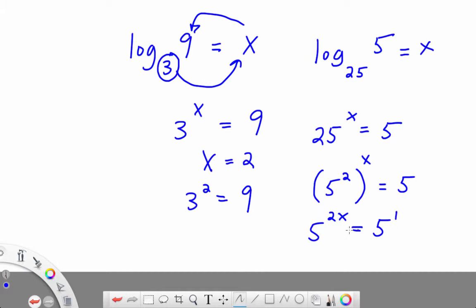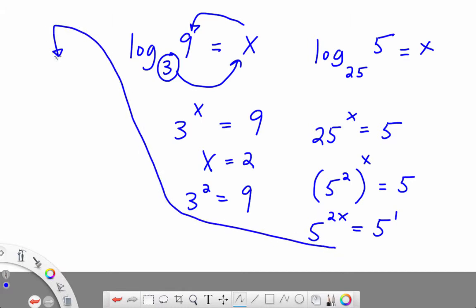So since the left side equals the right side and the bases are the same, that means the exponents have to be the same. So let's just come over here for now. And we can say that 2x equals 1. That's setting this exponent equal to this exponent. Dividing both sides by 2, we get x equals 1/2.